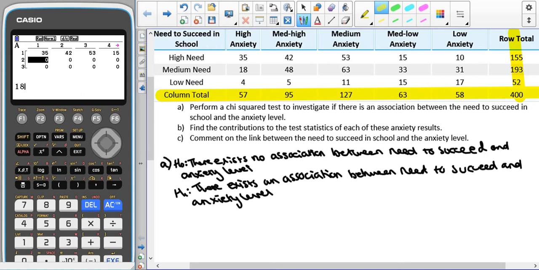Then we have 18, 48, 63, 33, 31. Then we have 4, 5, 11, 15 and 17. Just a quick check that I've entered all those correctly because there are quite a lot of numbers.